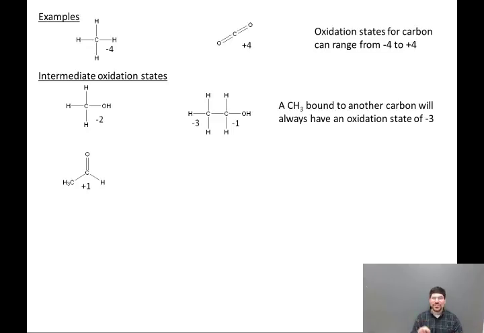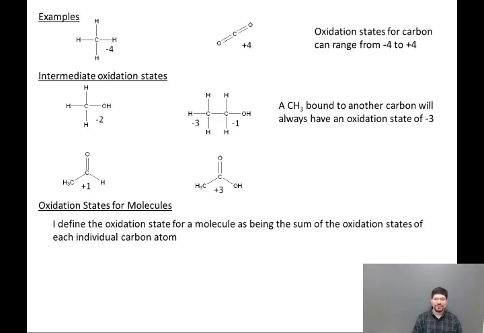So the final answer is +1. Carboxylic acid. We now have no bonds to hydrogen and 3 bonds to oxygen. That's going to give us +3. The other bond here is to another carbon. That will have no effect. So our answer is +3.